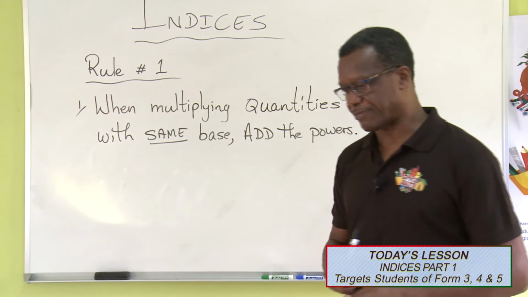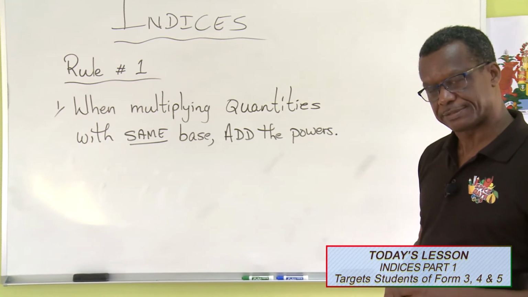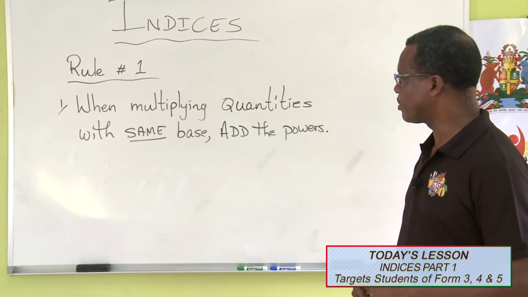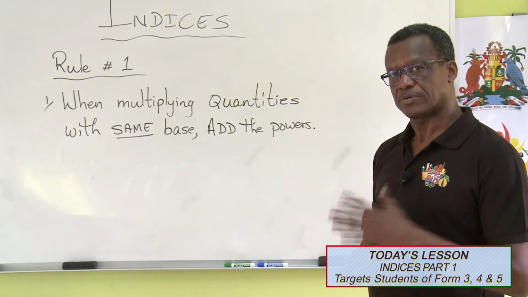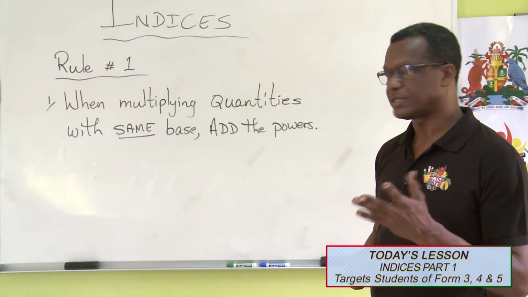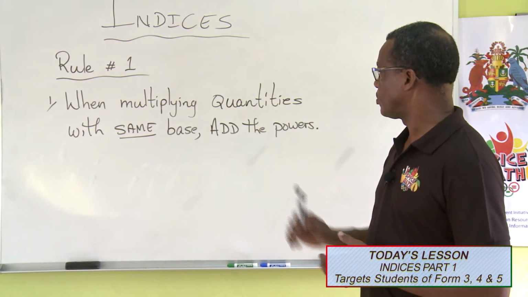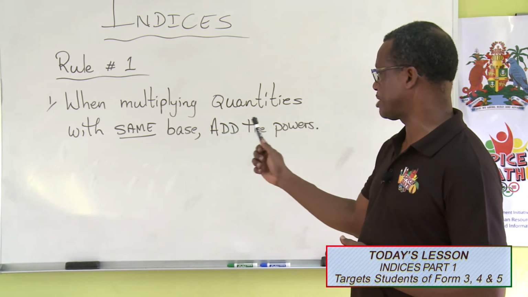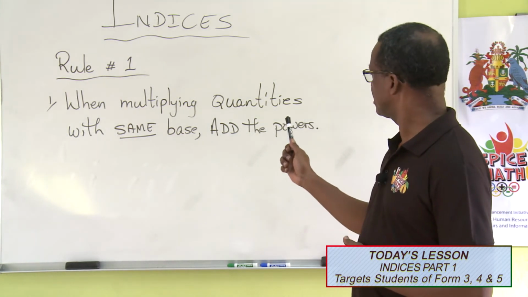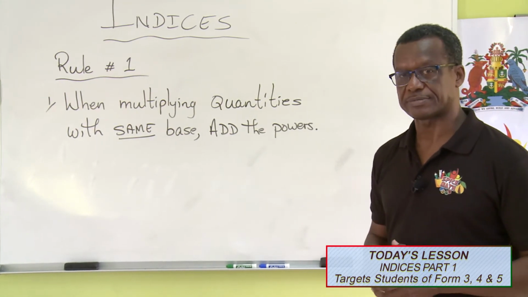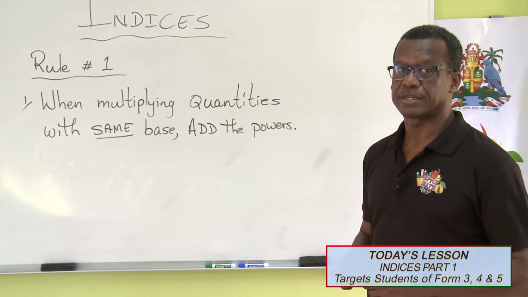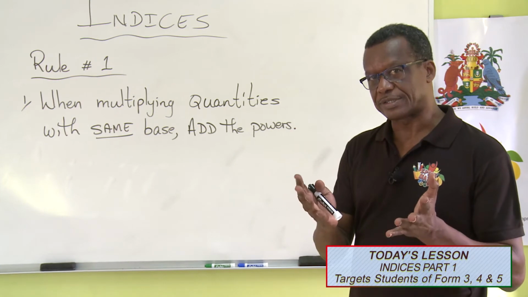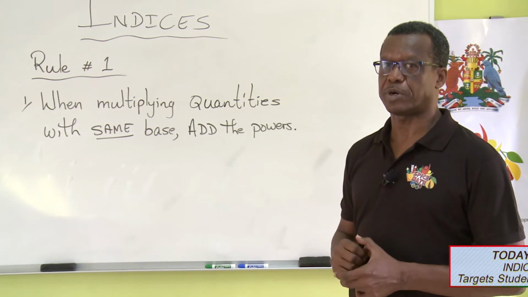And that statement came from the 2 examples we just did, where we multiplied 2 quantities with the same base. The statement says, when multiplying quantities with the same base, you add the powers. And we'll consider this as rule number 1 that governs the concept of powers.